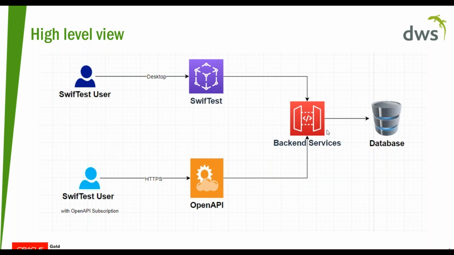And SwifTest users, you do need an OpenAPI subscription to access the OpenAPI. The OpenAPI is basically a subset of the functionality that's provided by SwifTest. By using the OpenAPI, the customers can integrate SwifTest features into their own apps, which makes testing a lot easier, as well as executing these functions as part of the business process workflow.